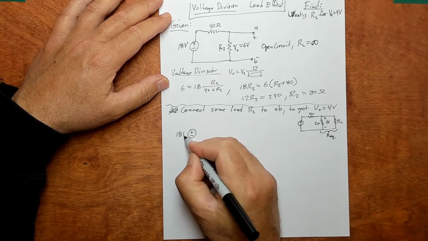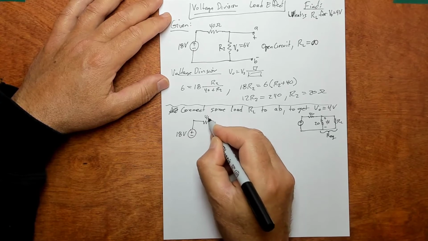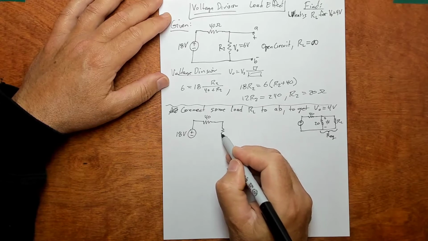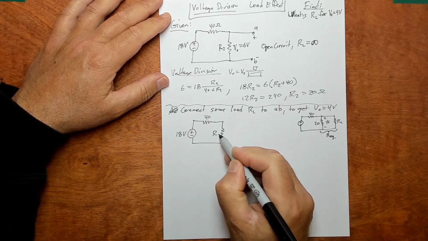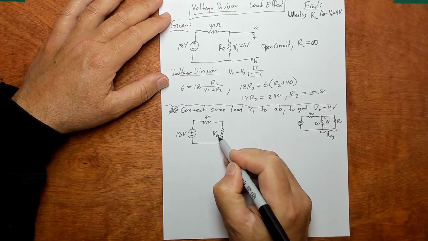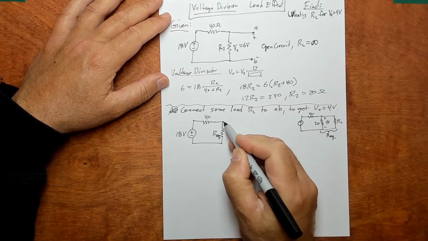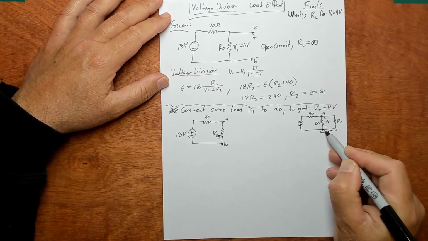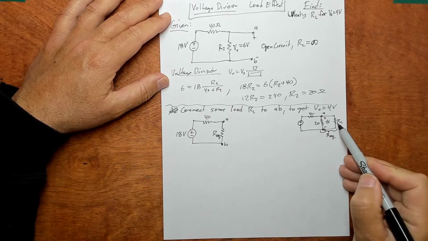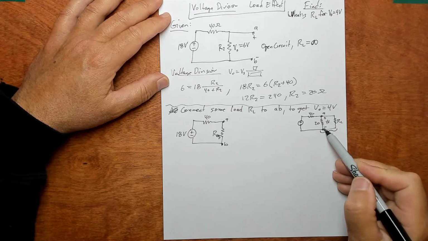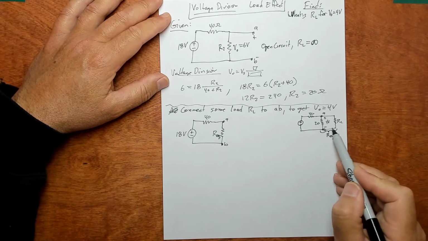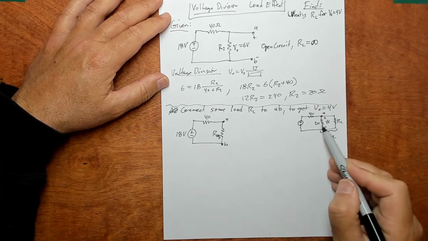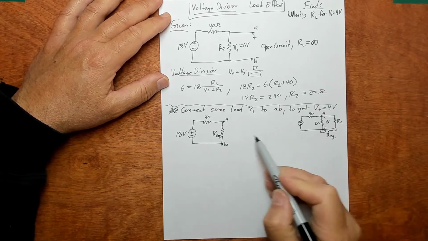We have this 18 volts, then we have the 40, and then the R equivalent across terminals A, B. So what's really happening is I've hooked up an additional resistor R sub L across AB, but those two resistors, the 20 ohm and our new R sub L resistor, are in parallel, and I'm just calling them R equivalent, okay?